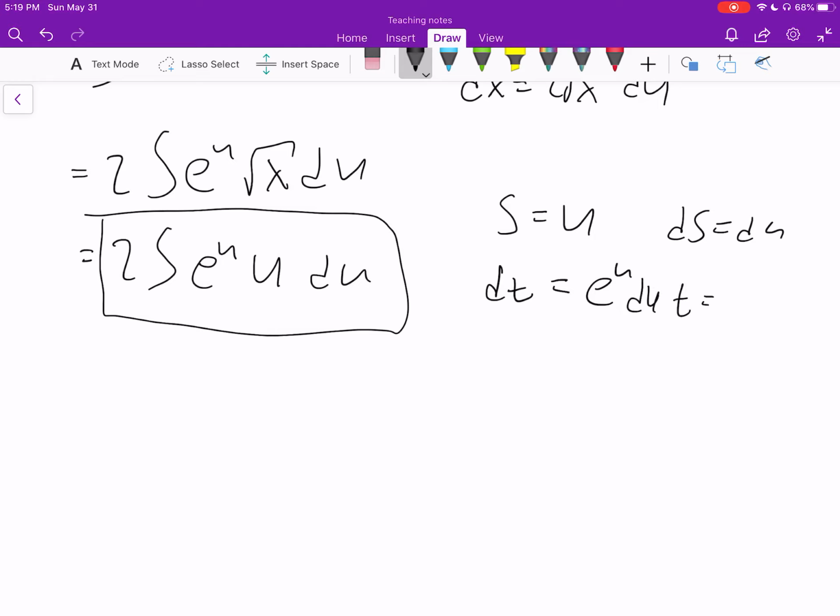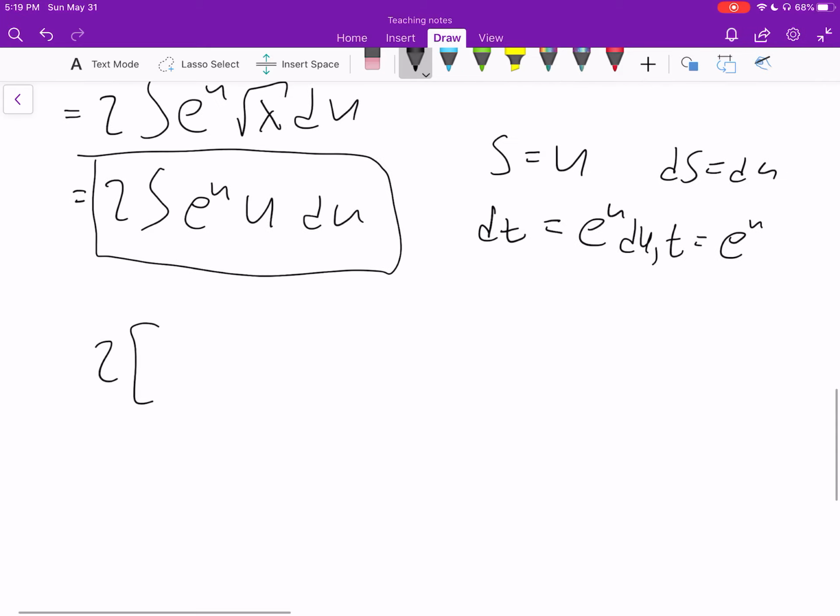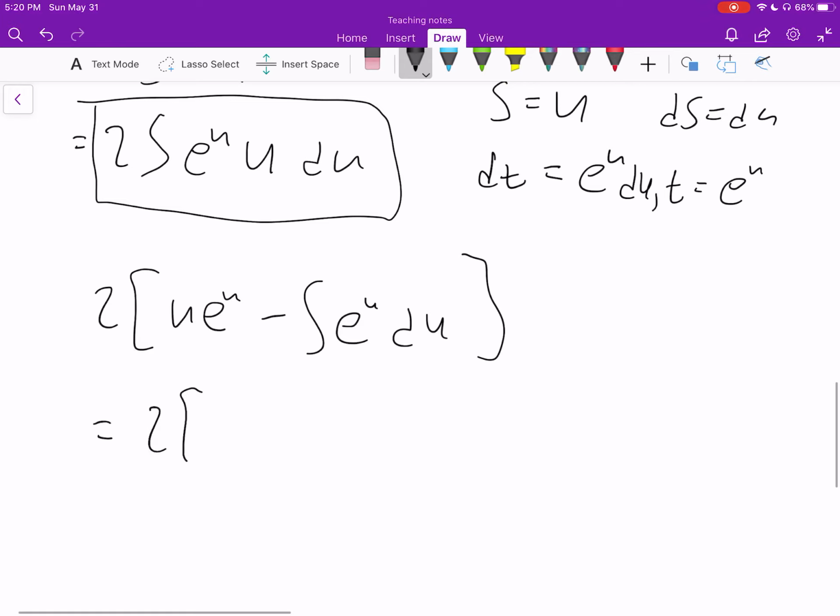So then we would have 2 times u e to the u minus the integral t ds, in this case e to the u du, so 2 u e to the u minus e to the u plus my arbitrary integration constant.